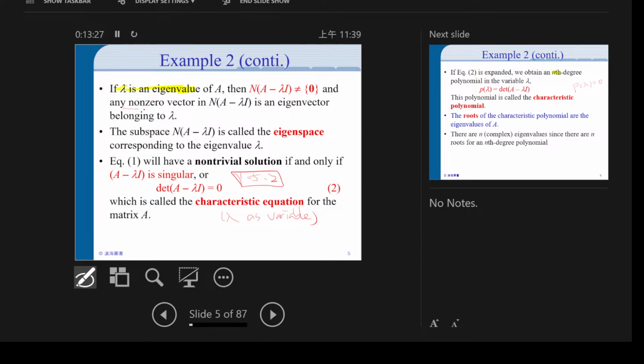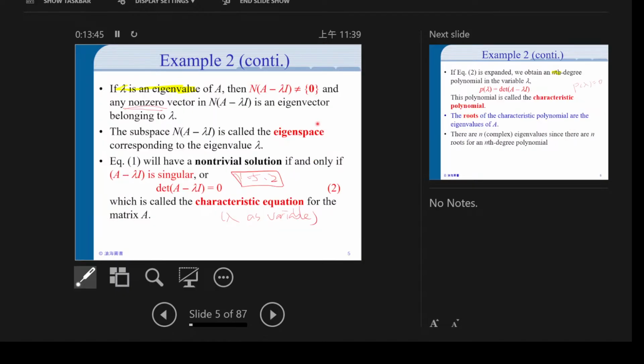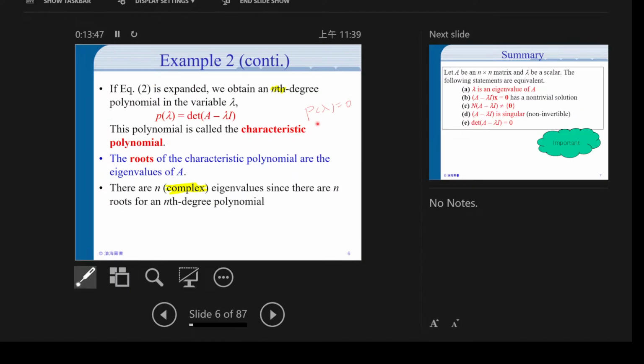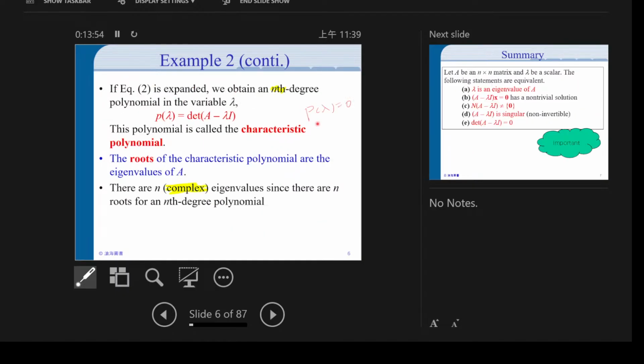This null space is called the eigenspace corresponding to lambda. So here is another definition, the eigenspace. Sorry for this kind of weird ordering. But here is a basic outline of how to find the eigenvalues and eigenvectors.